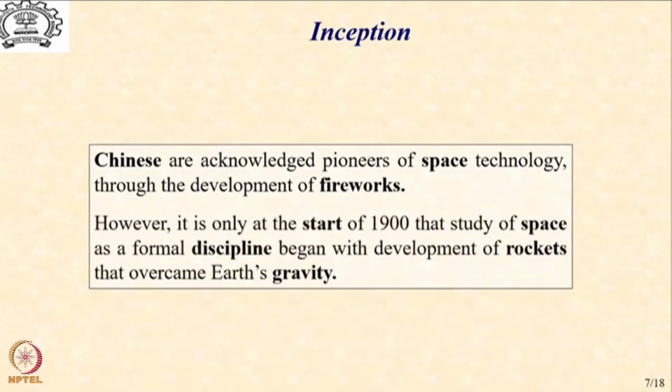Of course, it's only at the beginning of 1900 that the study of space as a formal discipline began, and that was the time when rockets came into being, and the main objective was: can you overcome the Earth's gravity?